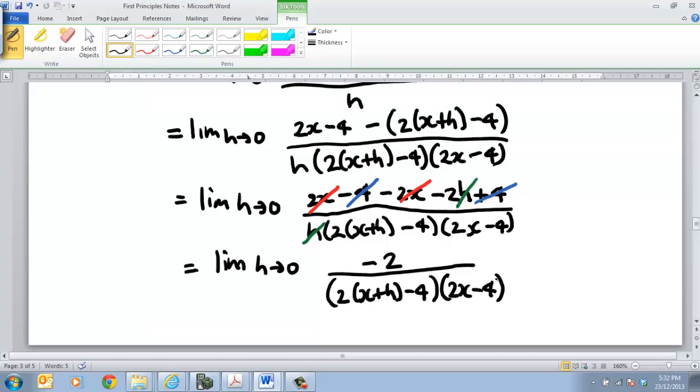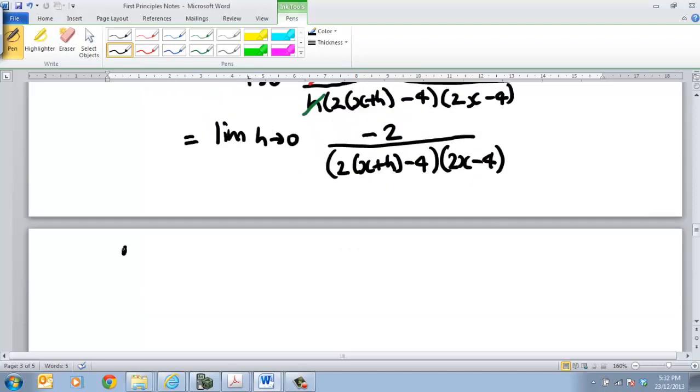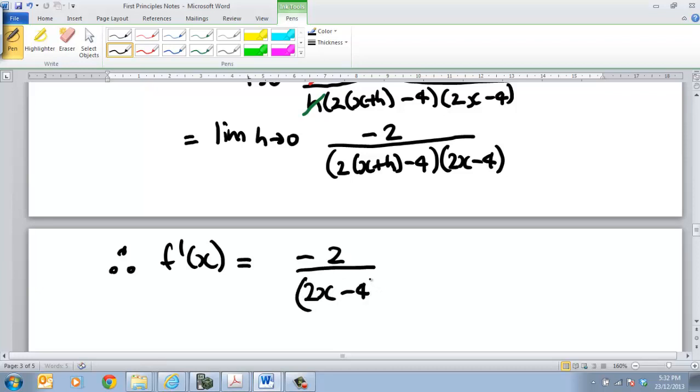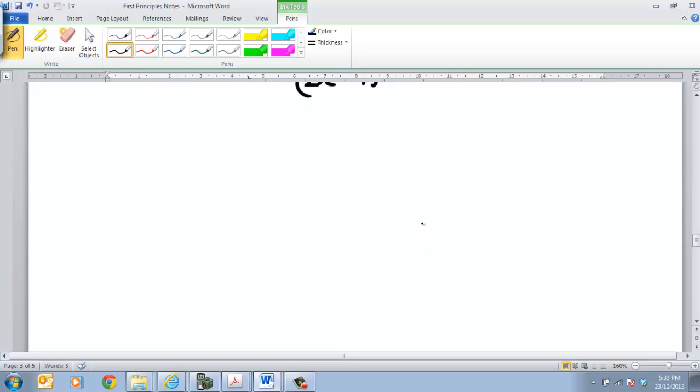So when we take the limit through, f dashed of x is simply going to be, that's going to cancel out, will be exactly the same as that term there. So it's going to be equal to minus 2 all over 2x take 4. Now there's 2 of those, so I'll just make that square. That's done. Okay, so we've done that one there.